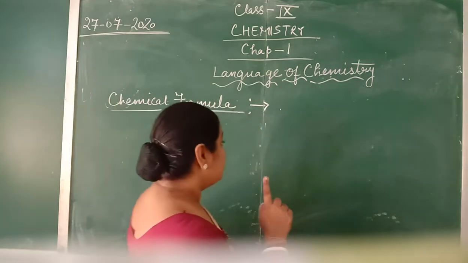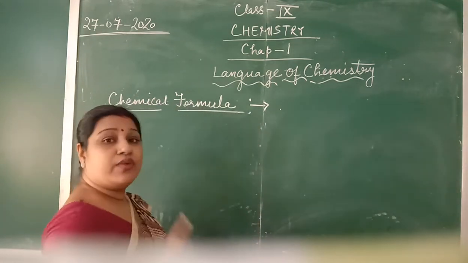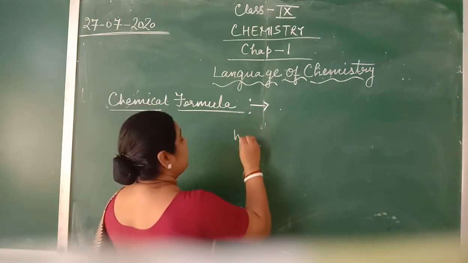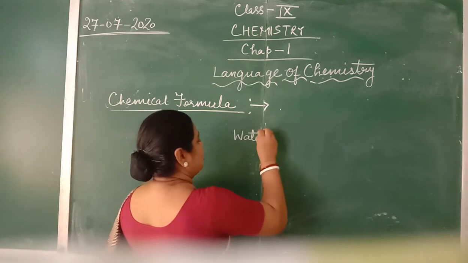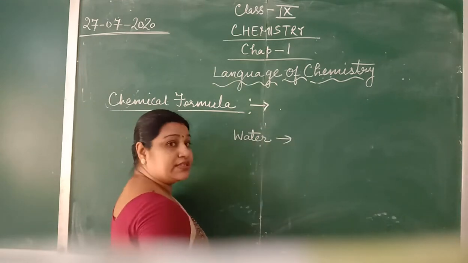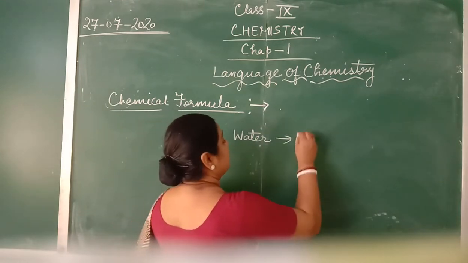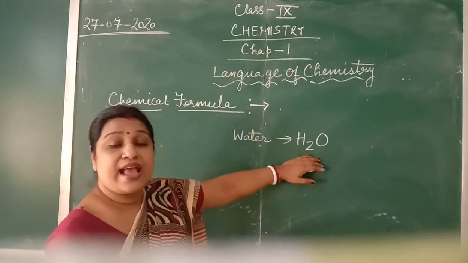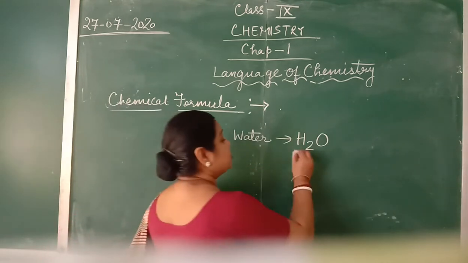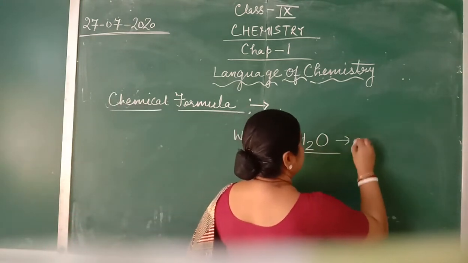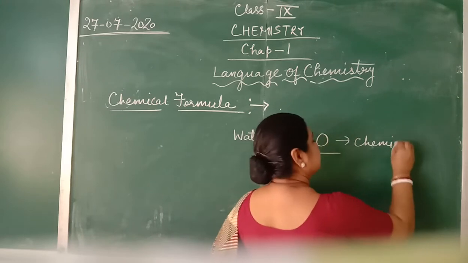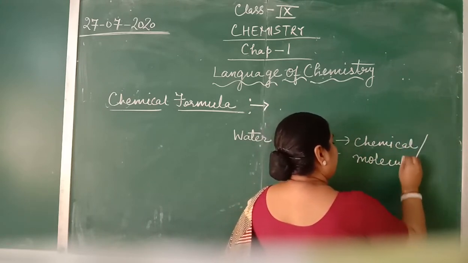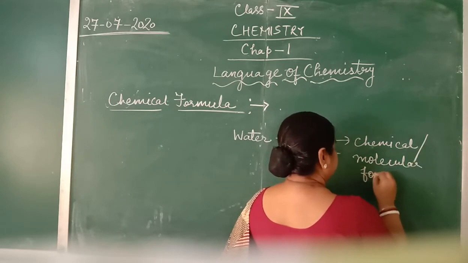It is experimentally proved. And if we represent water by the help of the symbols of the atoms, then the formula we will say is H2O. H2O is the chemical, or sometimes called the molecular, formula of water.